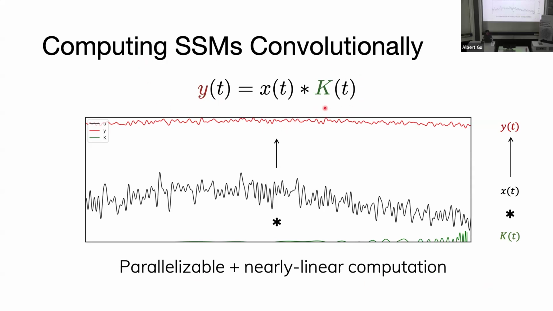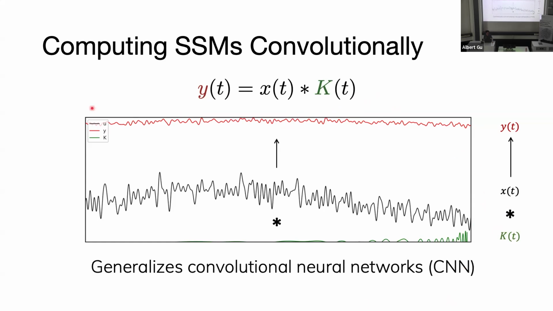In particular, the fast Fourier transform gives us a way to compute this whole convolution in almost linear time, with an extra log factor. This provides a completely different computational pathway to go from the input to the output that scales nearly linearly in the sequence length and avoids materializing that hidden state, which, as I said, was computationally infeasible.